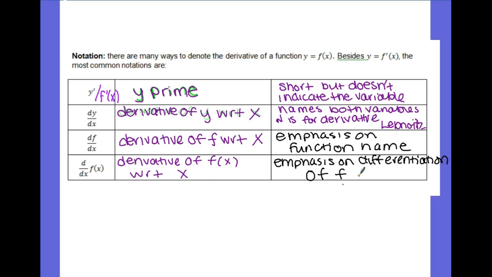I didn't know how to spell emphasize. Are you really picking on my handwriting today? And then the second one names both variables.